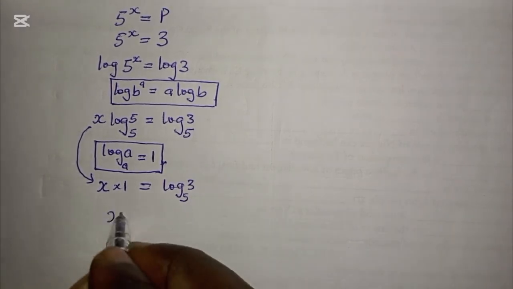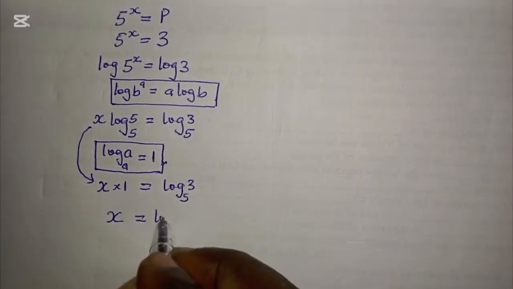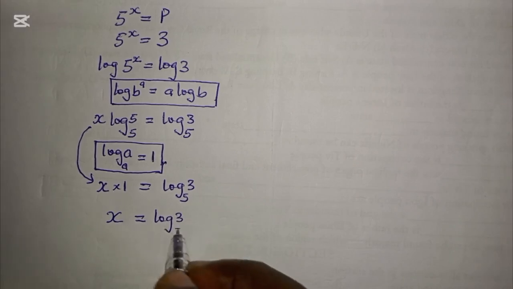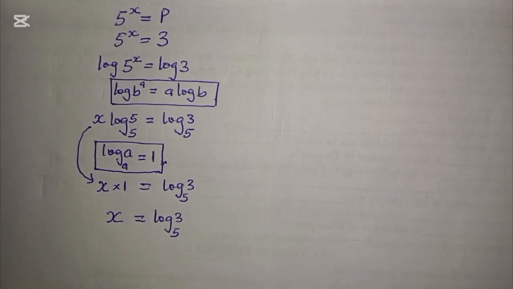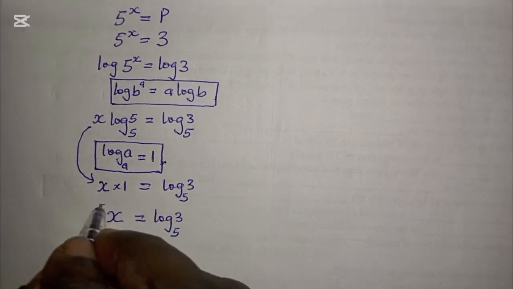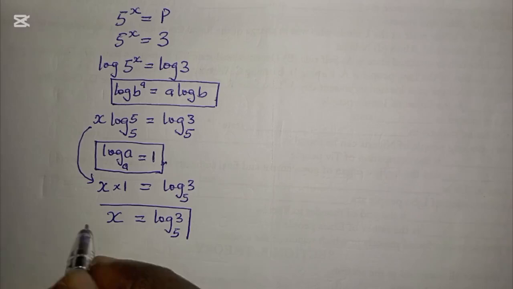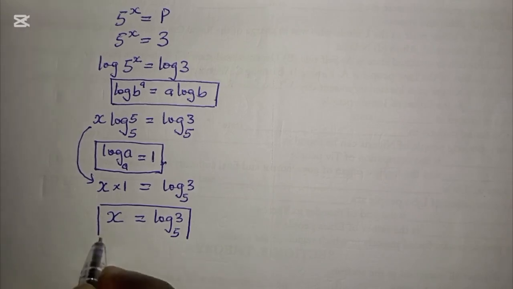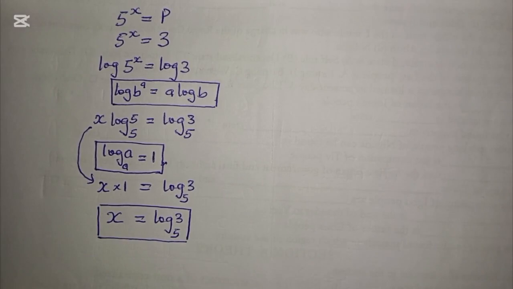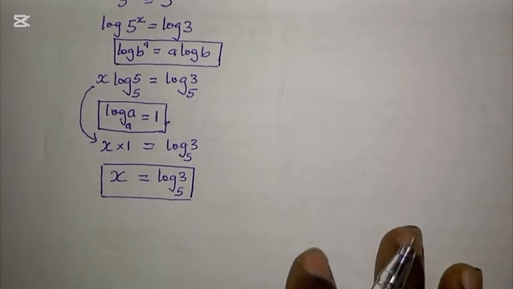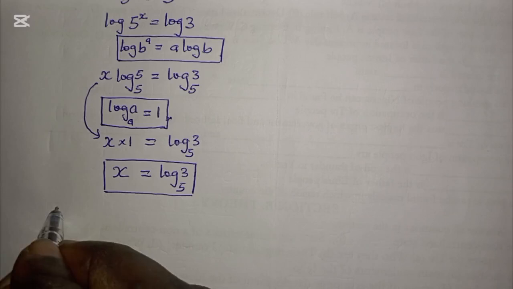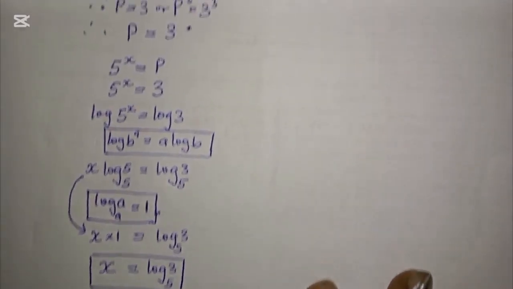X times 1 is x, so x equals log 3 base 5. That is the value of our x. Now, what we want to do next is verify our results.